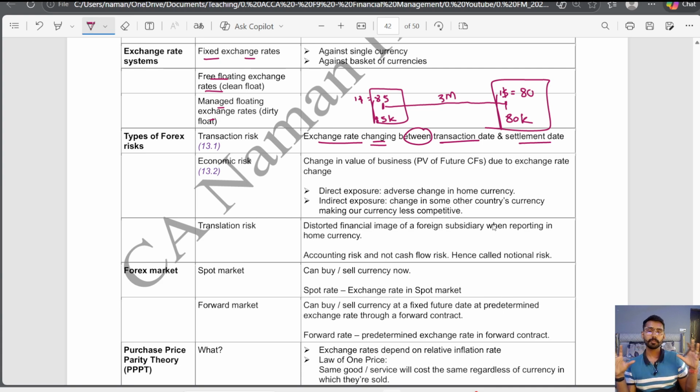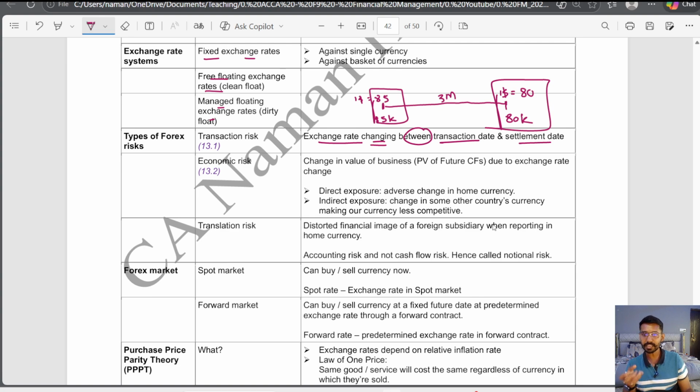Economic risk is more broader. If you're following news, you would know that Trump had increased tariff on India. So economic risk is that because of exchange rate changes, your exports or your imports become either expensive or less favorable. As an exporter, the problem is if your currency appreciates, then your goods become expensive to foreign customers.